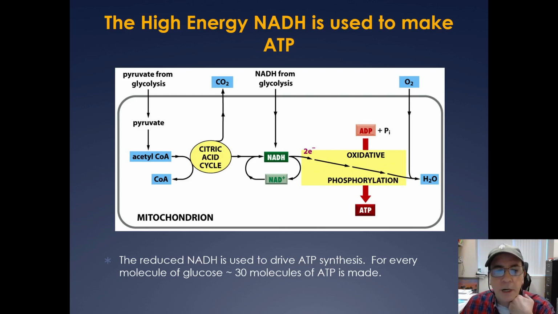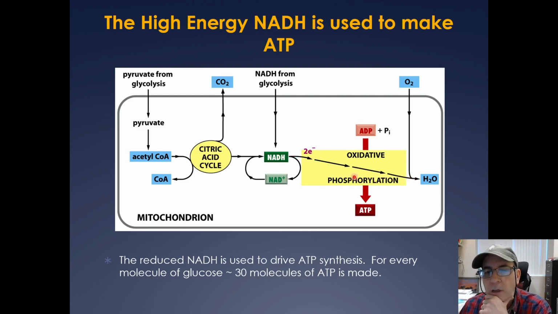Okay, so if we look at a mitochondria in here, what you have is the pyruvate from glycolysis coming in, and that gets converted to acetyl coenzyme A, which then the acetyl group enters into the citric acid cycle, and every turn of the citric acid cycle, you basically get carbon dioxide released and NADH produced, okay? And it's this reduced form of NADH and the high energy electrons that are then shuttled into the electron transport chain for oxidative phosphorylation.